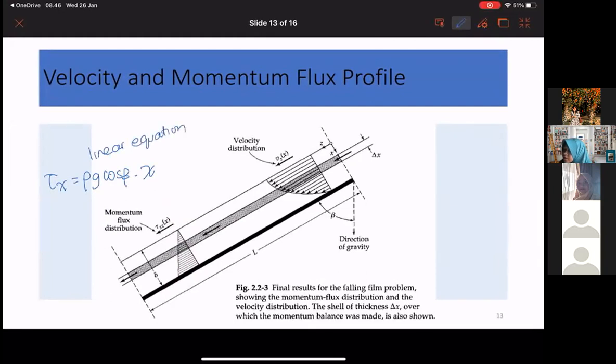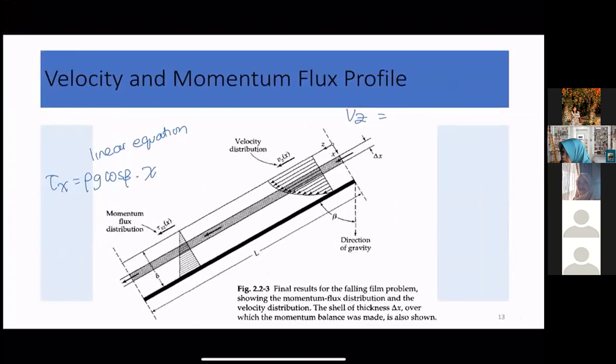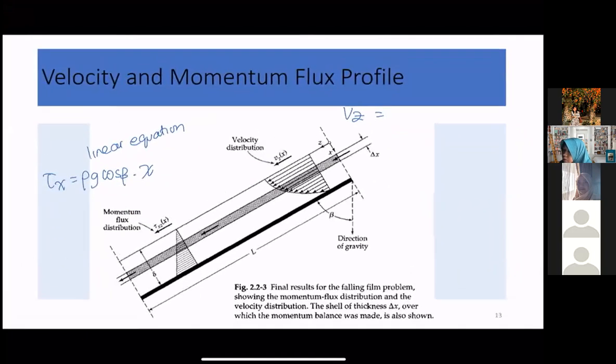And for the velocity distribution, Vz is also a quadratic equation, with a maximum value at x equal to 0 and a minimum value equal to 0 at x equal to delta.